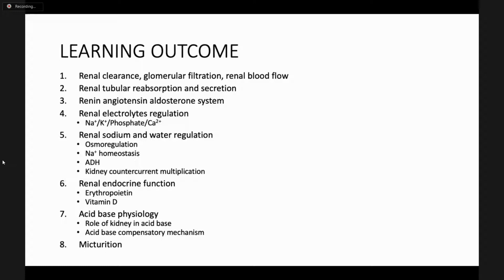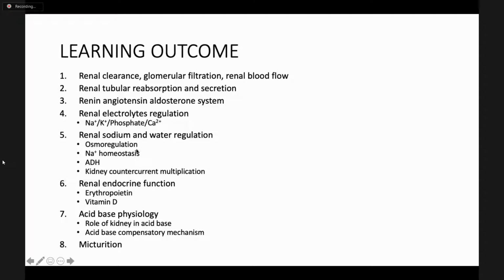Therefore, there are some electrolyte regulations that you've got to know in detail. For example, sodium and potassium. Yeah, calcium, of course, because this is an important ion for action potential, right? And also muscle contraction.